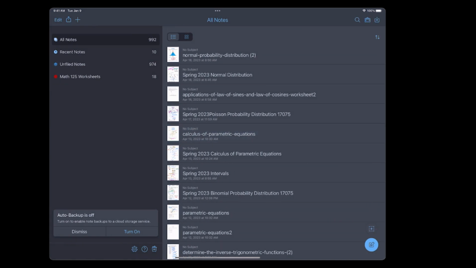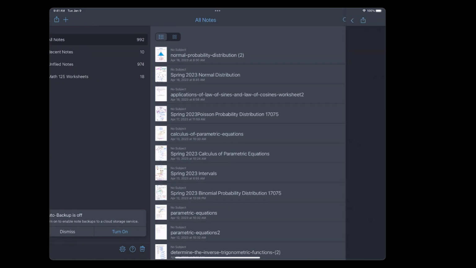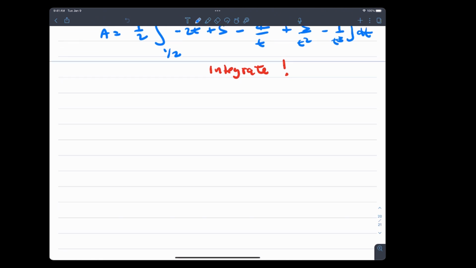All right, so now let's look at an example here. Okay, let's go back to this kind of example. So I'm going to take this curve x equals 2t cubed and y equals 3t squared.